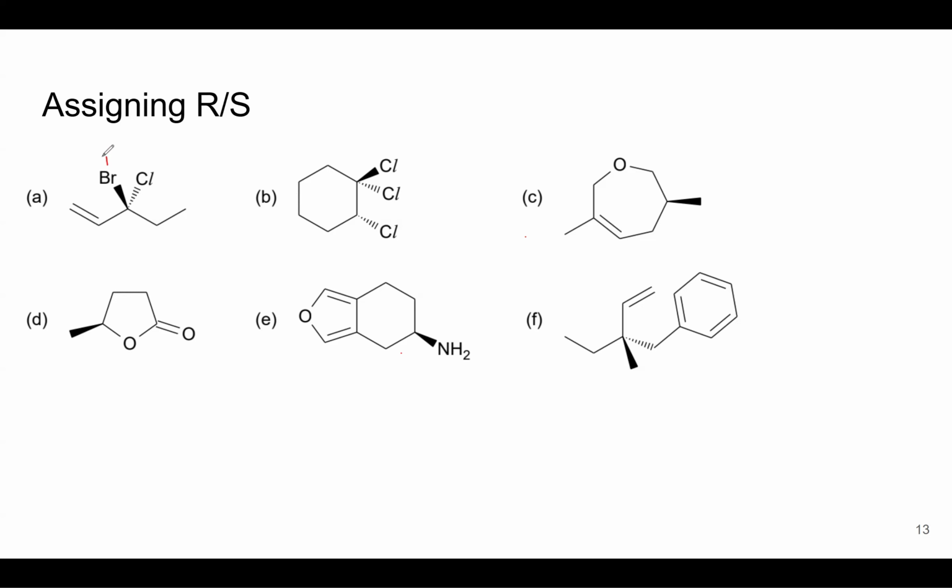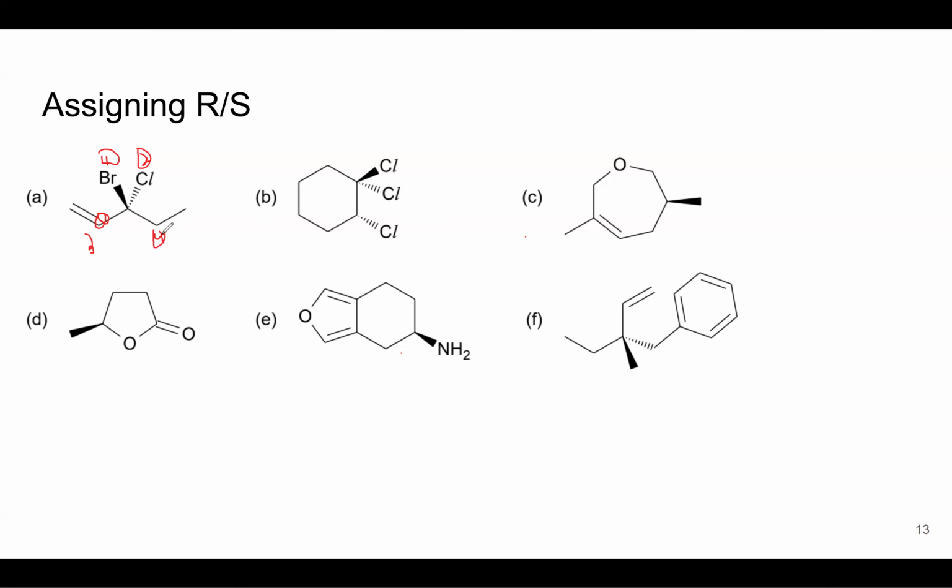So bromine is the heaviest, priority number one, and chlorine is second heaviest, priority number two. Then this carbon is attached to another real carbon and another ghost carbon because of this double bond, while this carbon is only attached to one other real carbon. So this is number three, and this is number four.